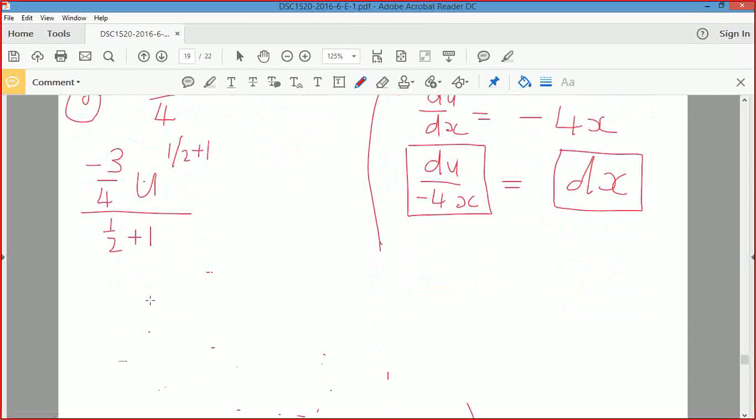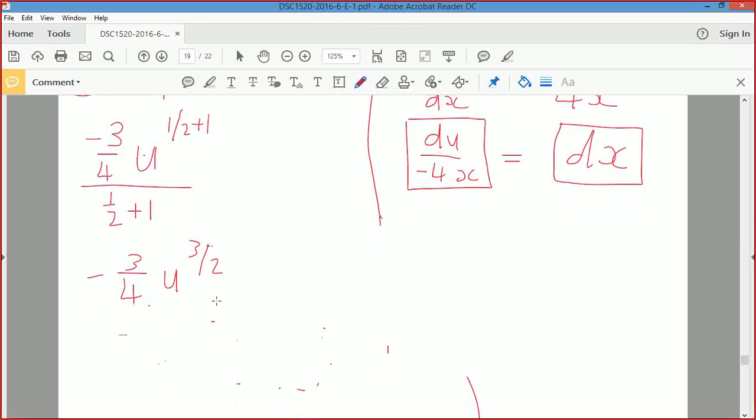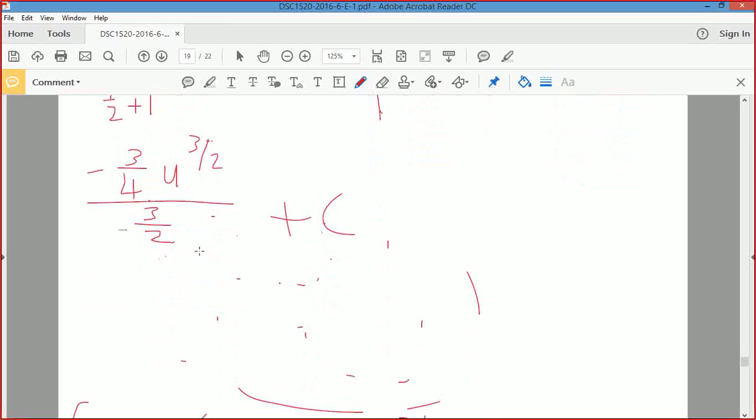So now we've got negative 3 over 4 u to the 3 over 2, divided by 3 over 2, plus c. Now the divide becomes a times, so negative 3 over 4 u to the 3 over 2 times 2 over 3 plus c.